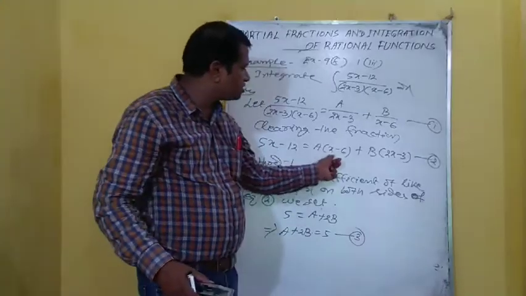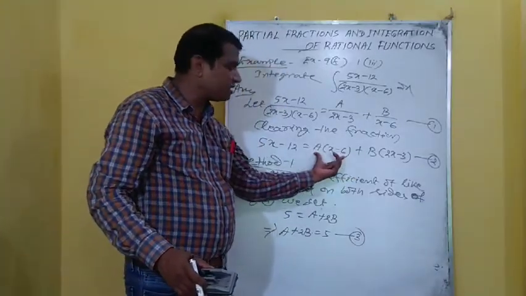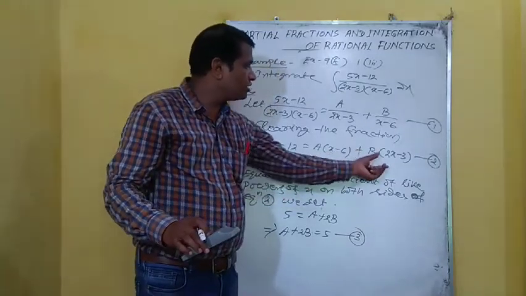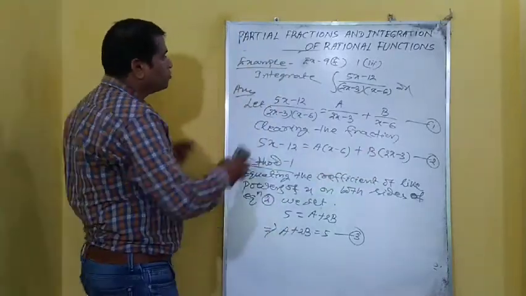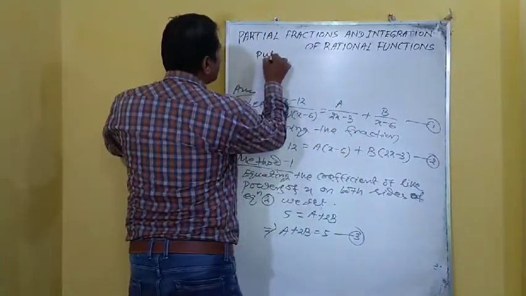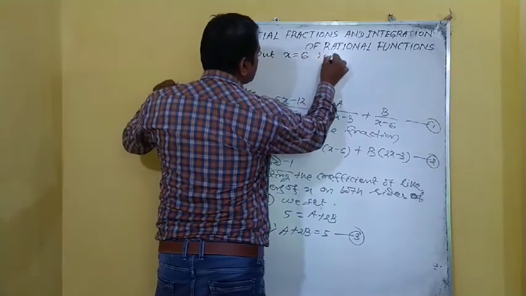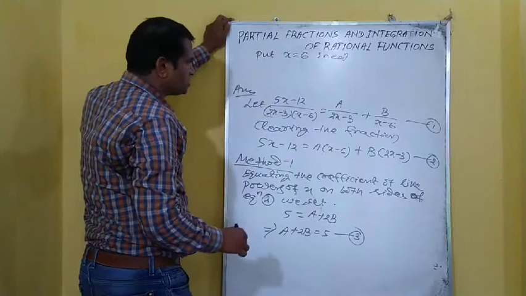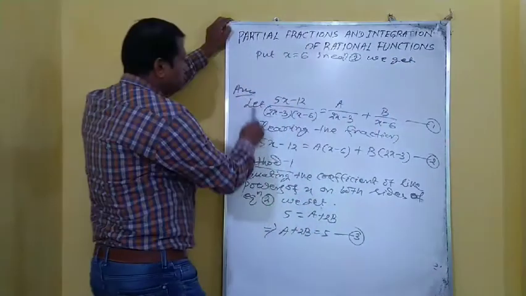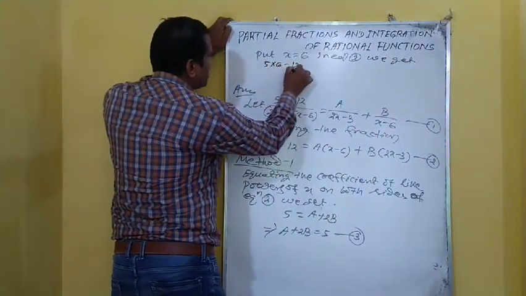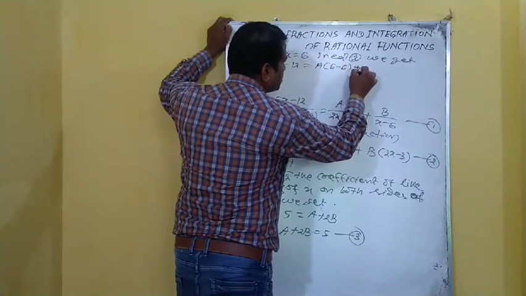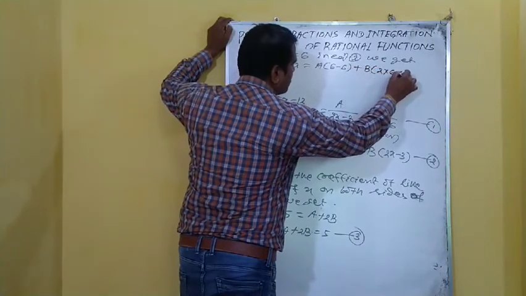Next we use the second method. Put x equal to 6 in equation 2. Then the term A whole into (x minus 6) vanishes, that means it becomes 0, so we get directly the value of B. We get 5 into 6 minus 12 equal to A whole into (6 minus 6) plus B whole into (2 into 6 minus 3).